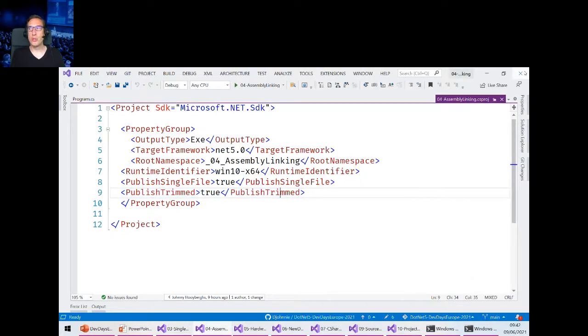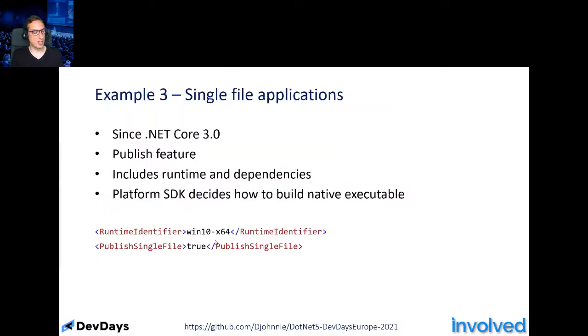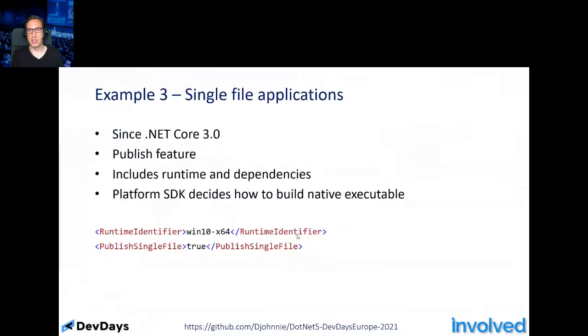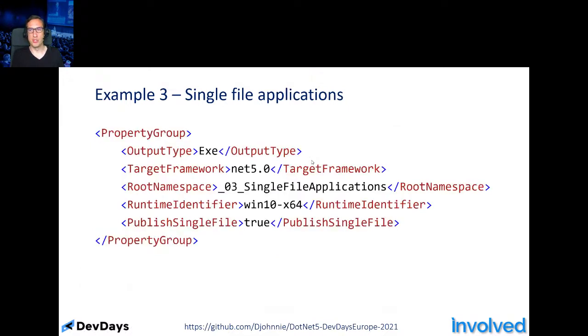I'm not going to show you, but now you don't have a file of 50 megabytes, but it will be around 10 megabytes only. But of course, it's a little bit more dangerous because if you're using reflection a lot, your compiler does not really know what classes you are using, so it will maybe strip out a little bit too much. So that's not something that you would like to do. But you can experiment. You can see if your application still works after trimming all of the features that you're not using.